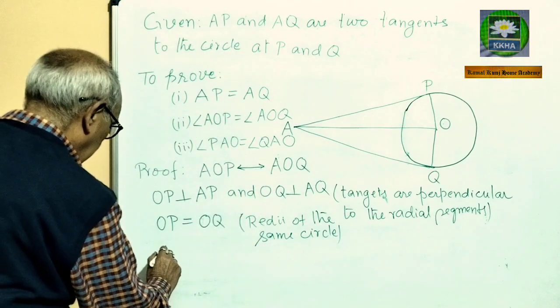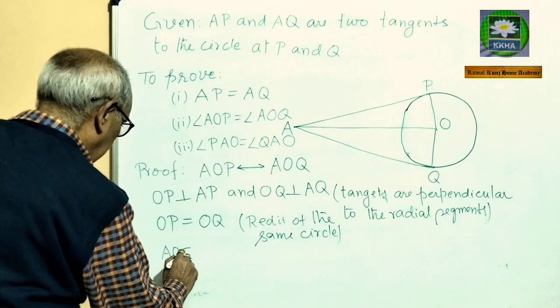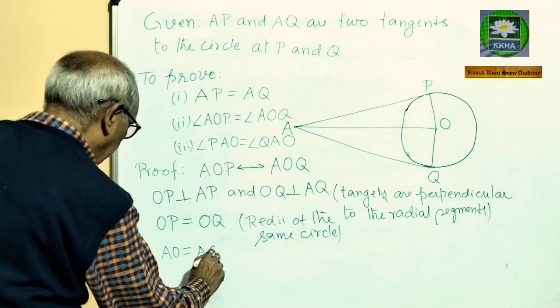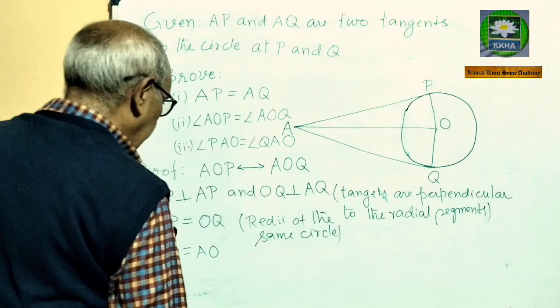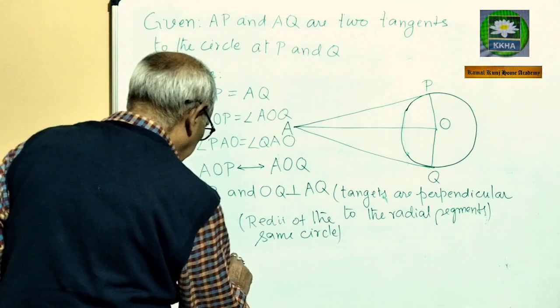And AO is equal to AO. Any line segment is congruent to itself.